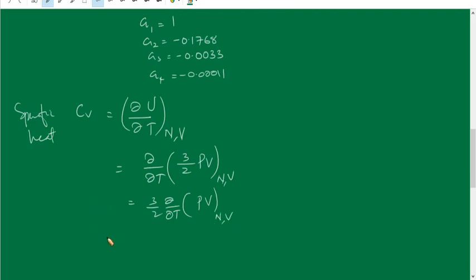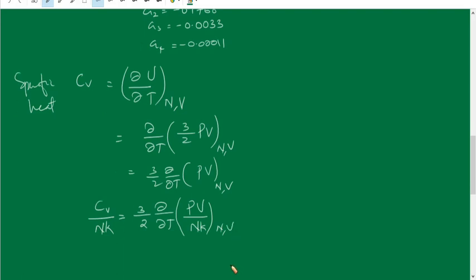So we can write CV divided by NK, multiplying NK in the denominator here also, equal to 3 divided by 2 ∂/∂T of, I can take NK inside since it will not change the derivative, PV divided by NK, at constant volume and number of particles.